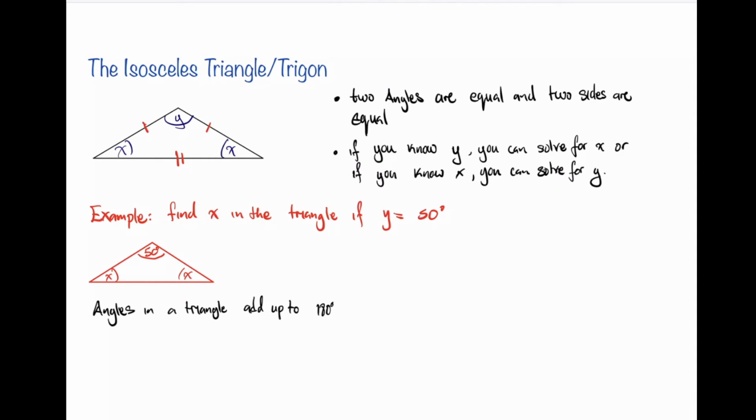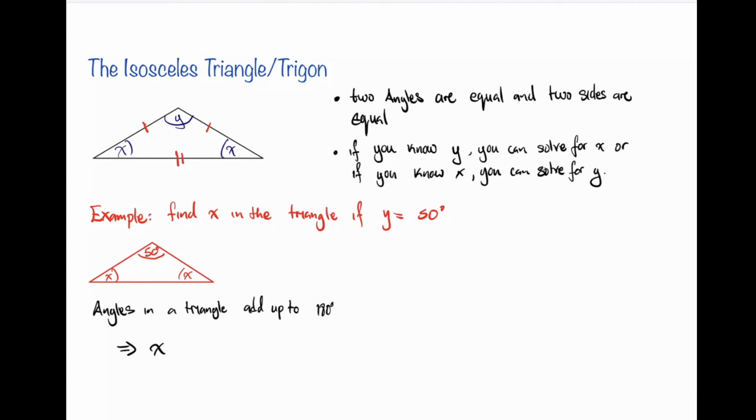Awesome. So let's jump into this example, which asks us to find x in the triangle if y is equal to 50. Here I redrew my triangle, and I put in the 50 where I have the value y, and the two x's are unknown. We can solve for our value for x if we recall that angles in a triangle add up to 180 degrees.